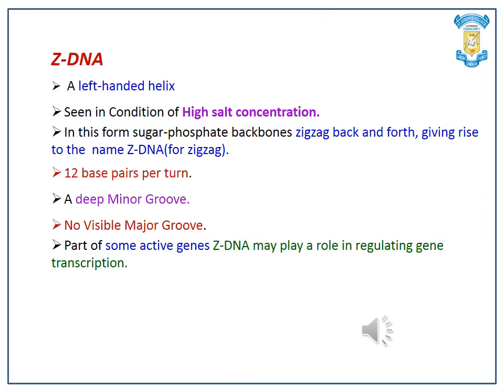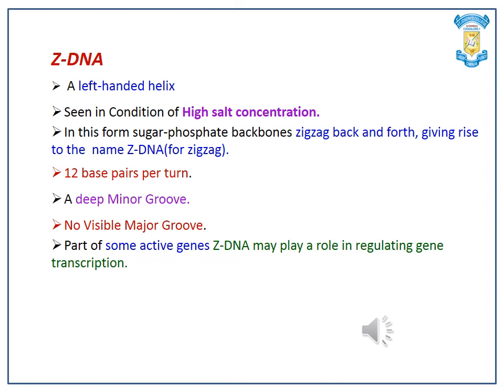Z-DNA is a left-handed helix seen in conditions of high salt concentration. In this form, the sugar phosphate backbones zigzag back and forth, giving rise to the name Z-DNA.